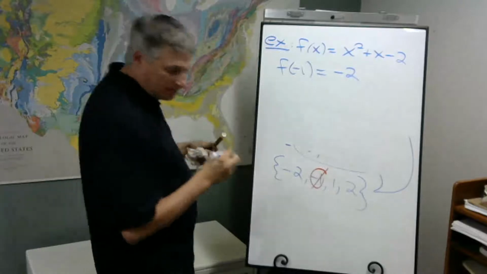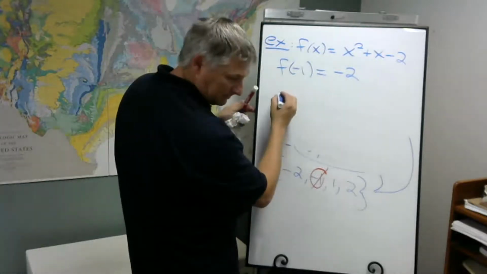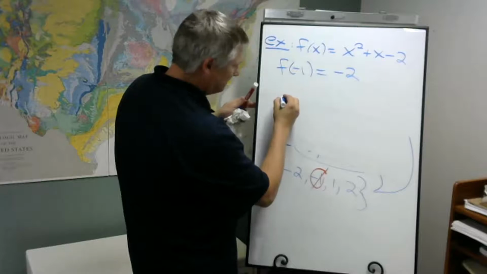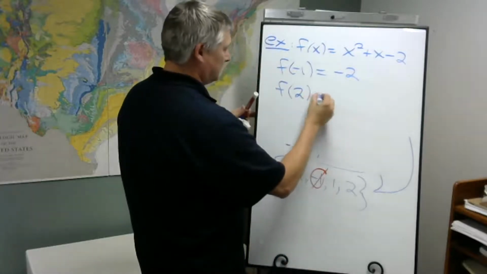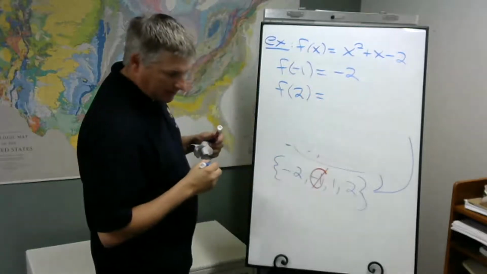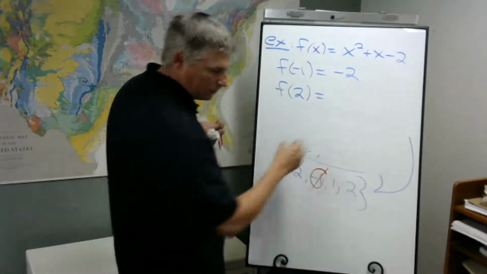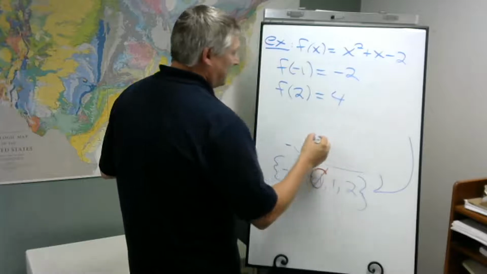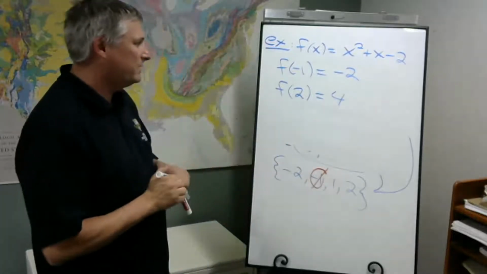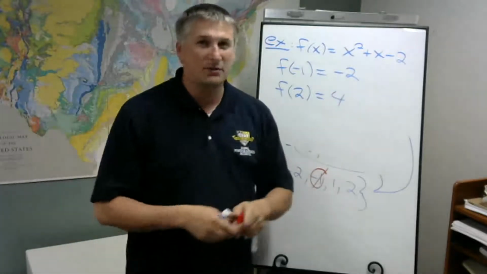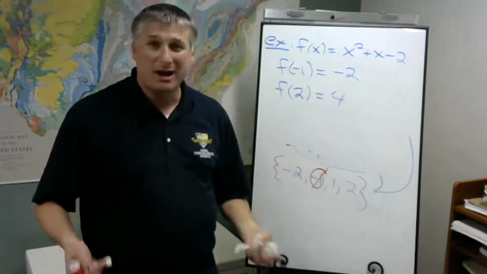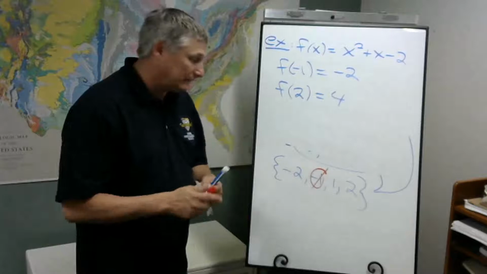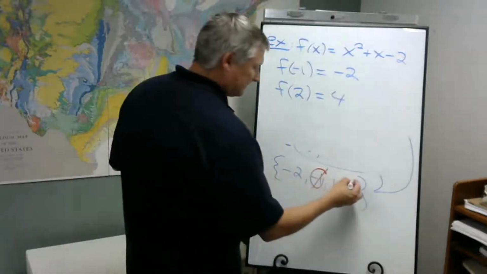Now let's try 2. If we plug in 2, we get 4. And for these to work, we need to get 0. These are actually zeros of f of x. We should get 0. We're not getting 0. So bad luck so far.